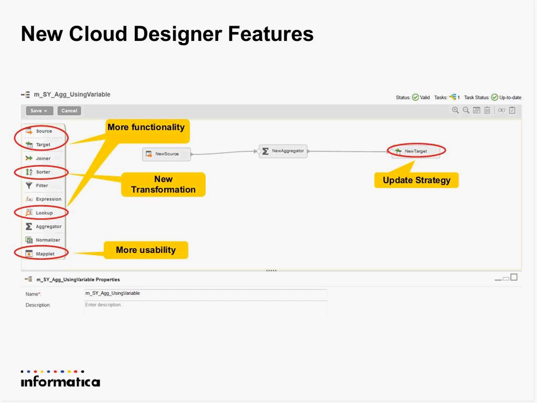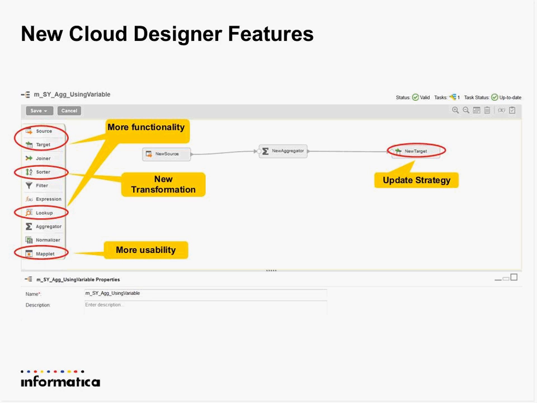I want to ask Krupa Narayan, who's the lead PM for the mapping designer, what exactly does this mean for customers in terms of more usability for maplets and the use cases for an update strategy?